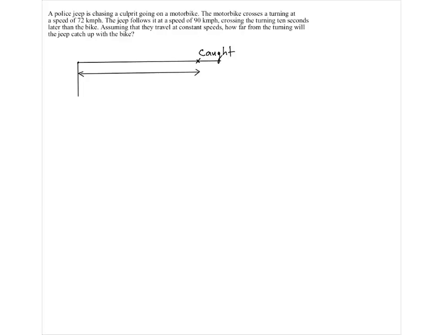So he gets caught 100 meters from the turning. I will check that in a moment. Suppose that is the distance traveled by the bike in time t, then the same distance will be traveled by the police jeep in how much time?